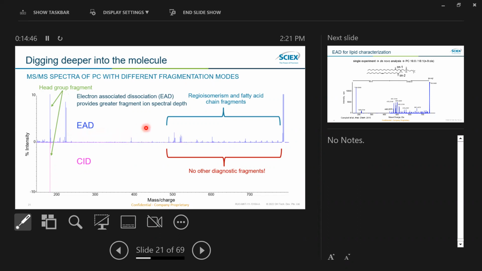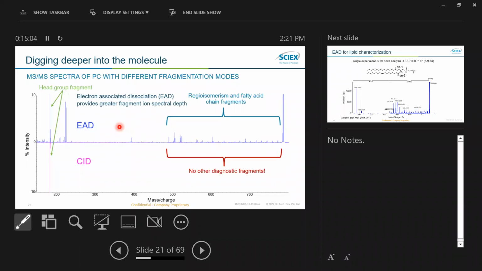And this is a mirror plot of that same CID spectrum I shared in the previous slide of that phosphorylcholine species, with the EAD-based fragmentation spectrum on top. As you can see, the EAD spectrum is a lot more information-rich.